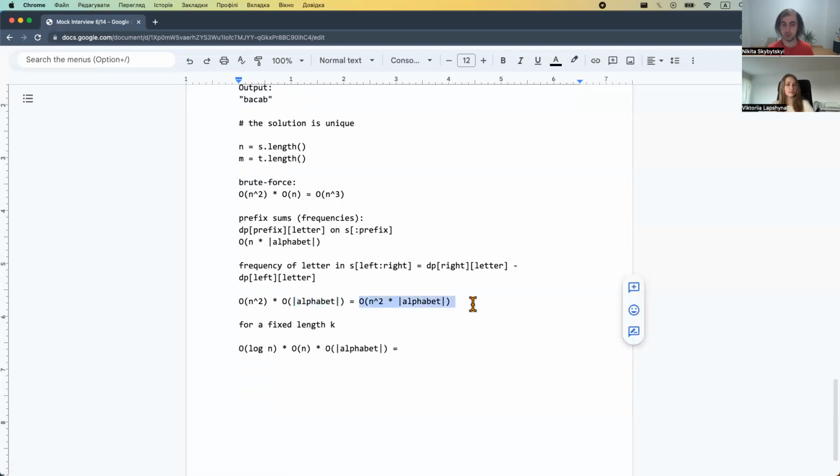So that would improve upon the previous one as follows: n log n times alphabet size. It is still not optimal. We can do better.